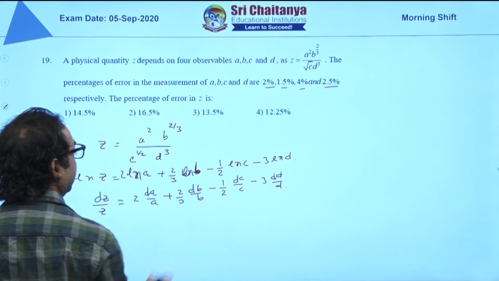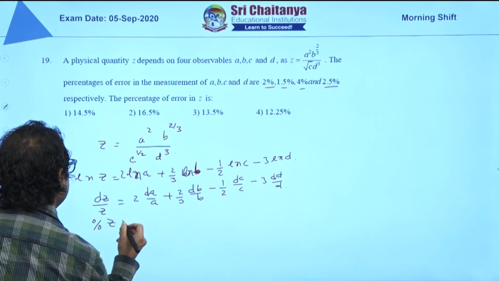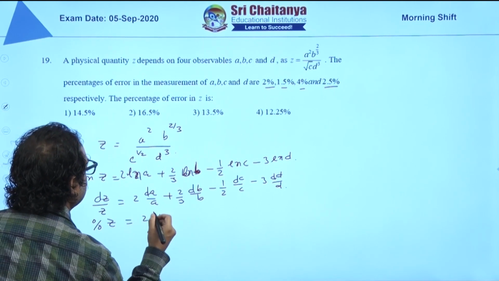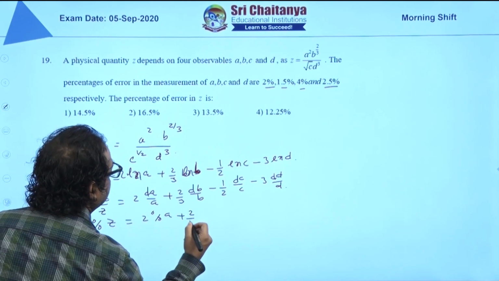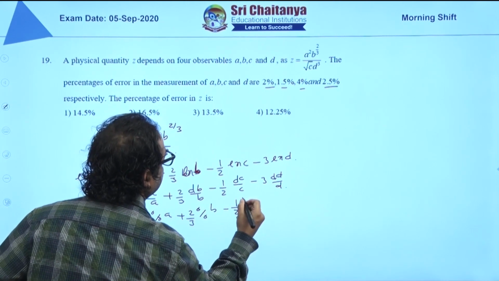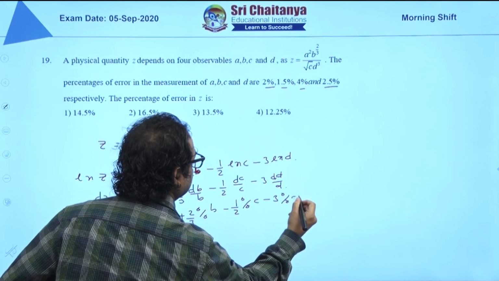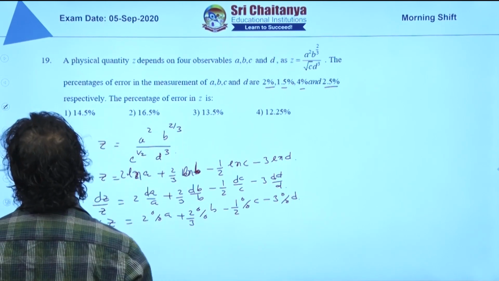So, multiply by 100 everywhere. So, we can write percentage change in Z is equal to 2 times percentage change in A plus 2 by 3 times percentage change in B minus half times percentage change in C minus 3 times percentage change in D, right.